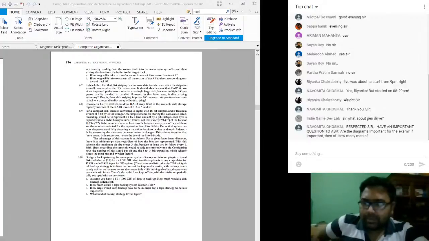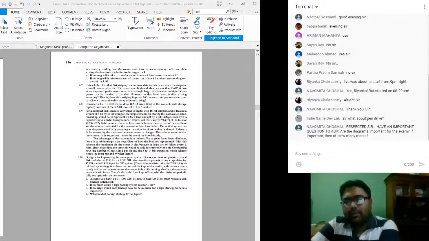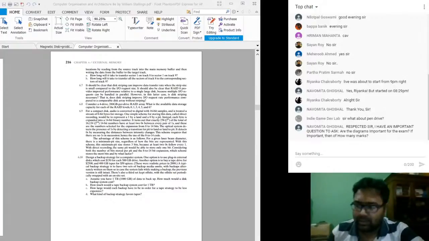Yes, the diagrams might be important for the important concepts, so it is important to an extent. Yes, pen drive, if you want, we can take it up, but I think it is not there in your syllabus as far as I remember.